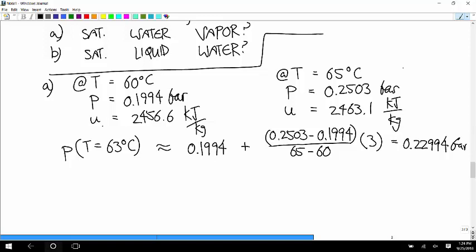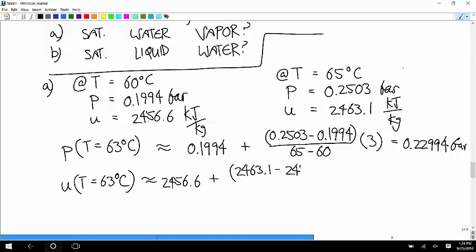And now do the same thing for the specific internal energy. The internal energy at a temperature of 63 degrees, we're going to approximate that as 2456.6 plus the quantity 2463.1 minus 2456.6, divided by 65 minus 60, times 3.